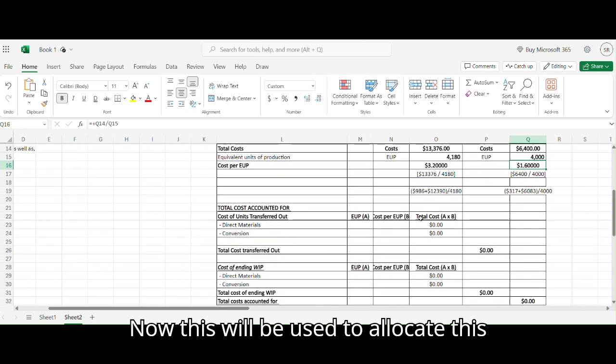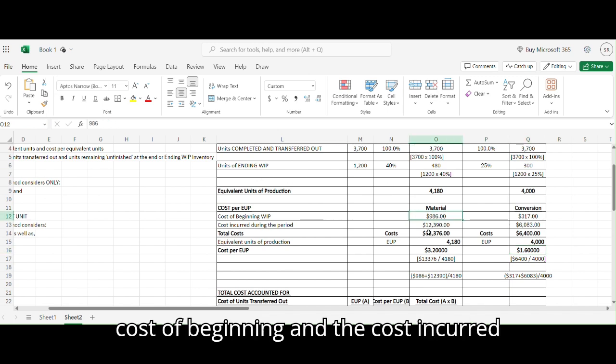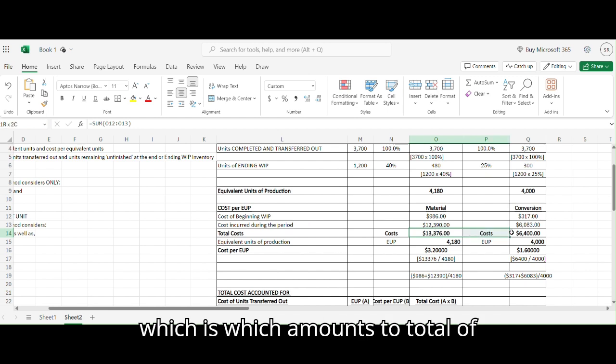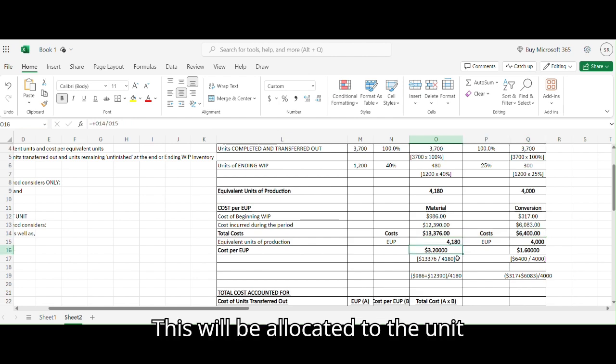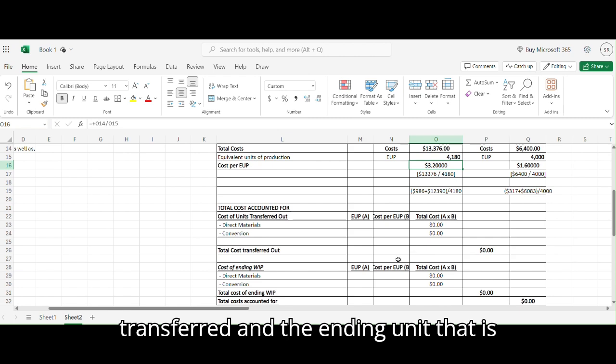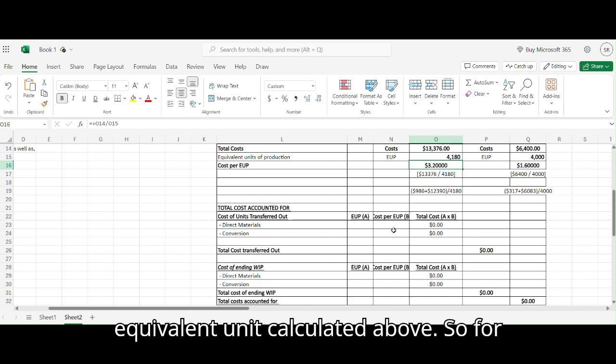Now this will be used to allocate this total cost, meaning the cost of beginning and the cost incurred, which amounts to a total of 19,776. This will be allocated to the units transferred out and the ending units that are available. So for that, you need to use the equivalent units and the cost per equivalent unit calculated above.